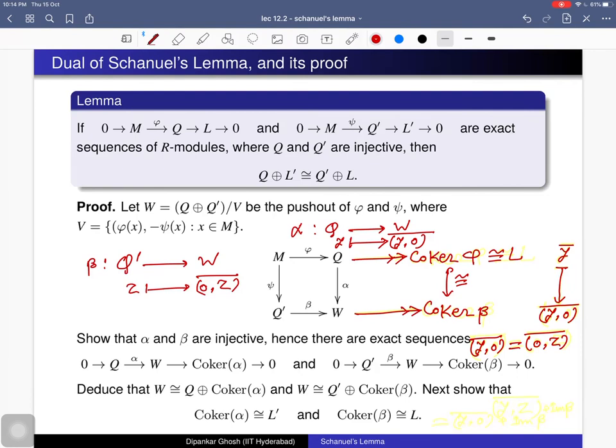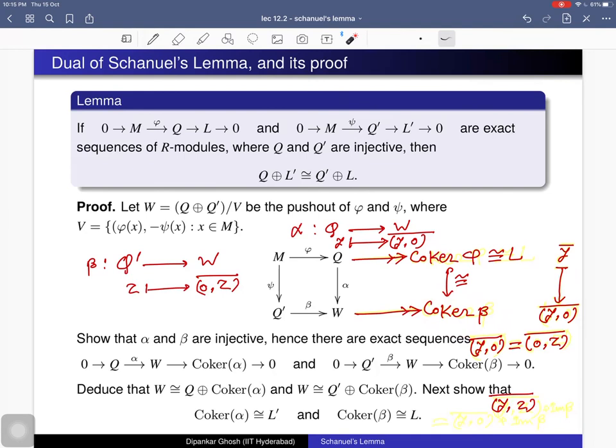And next we should verify that this module homomorphism is also surjective. So we consider an arbitrary element, let us say the equivalence class of y comma z, y comma z bar. It is an element here in co-kernel of beta.